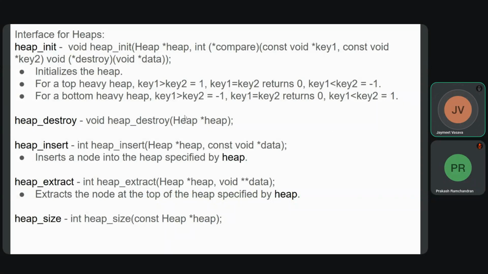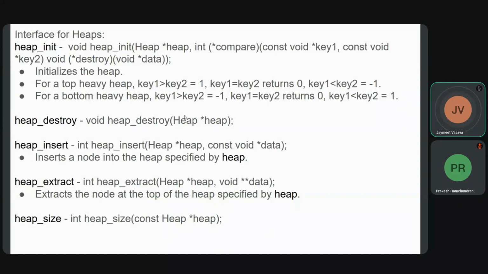This reverses when a bottom heavy heap is used. So key 1 greater than key 2 will return minus 1, key 1 equal to key 2 will be the same, and key 1 smaller than key 2 will return 1.